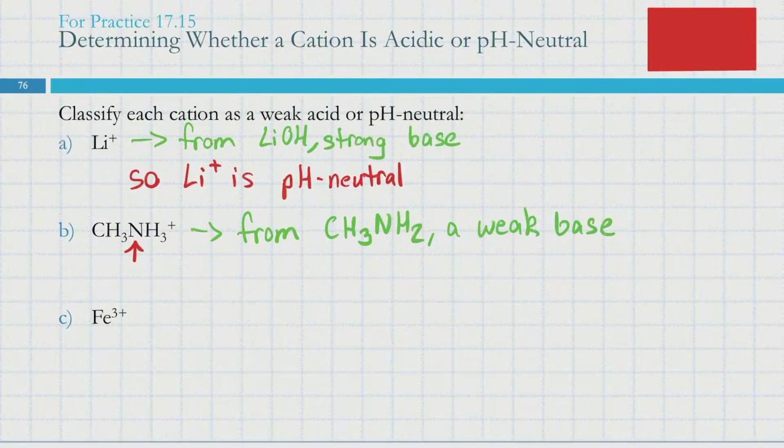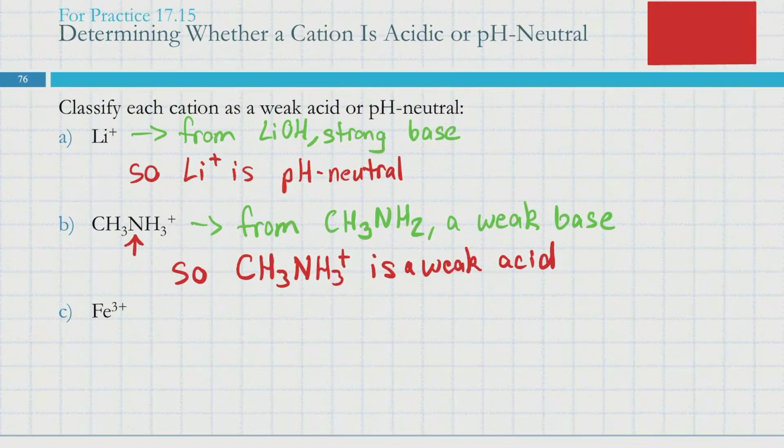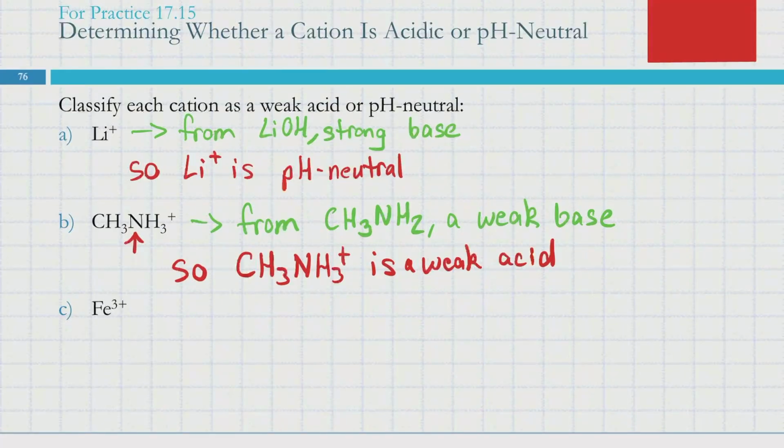And since it's from a weak base, that means this is a weak acid. And then our last one, iron 3+, would that have come from a weak base or a strong base?